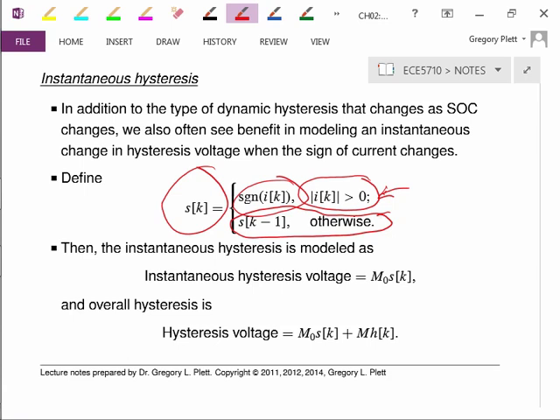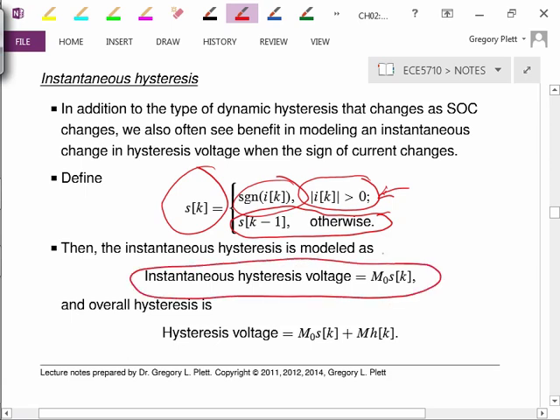If I am resting now, it remembers if I had previously been charging or discharging. So with this basically instantaneous model of the sign of current, my instantaneous hysteresis voltage is M0 times Sk, and then the overall hysteresis voltage is this instantaneous component M0 Sk plus M times Hk.